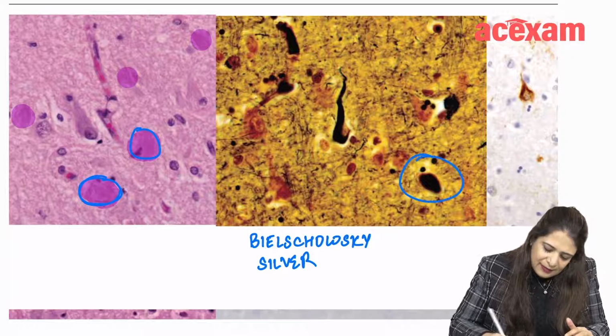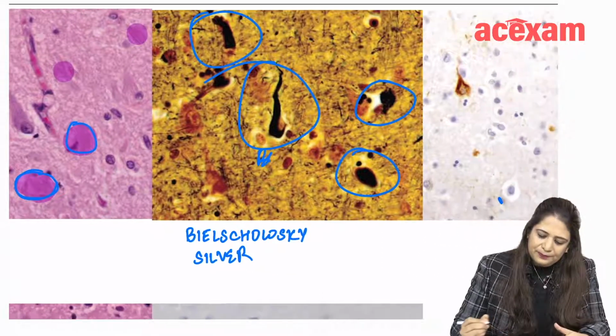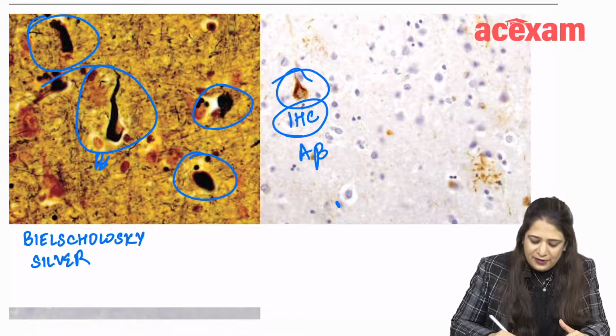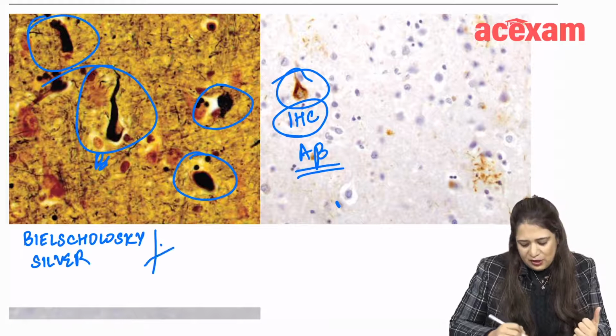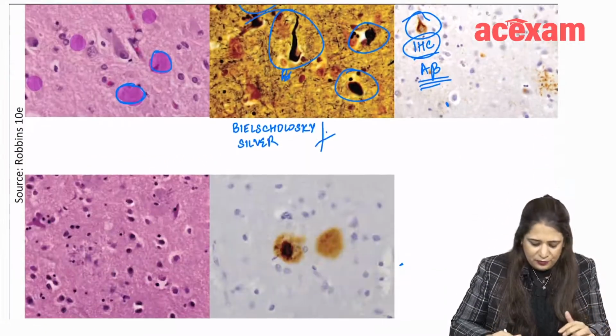So that will identify these plaque depositions very well, black color deposition. And even IHC is available now for A beta protein, which can identify these, right? So it can be identified by silver stains, which are not that specific though, and IHC for A beta protein.